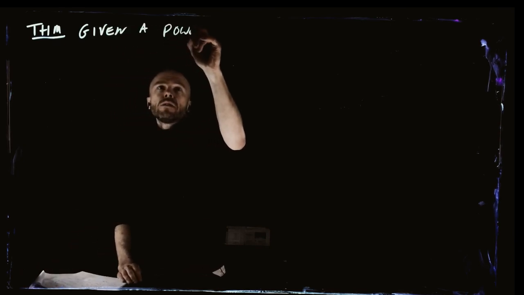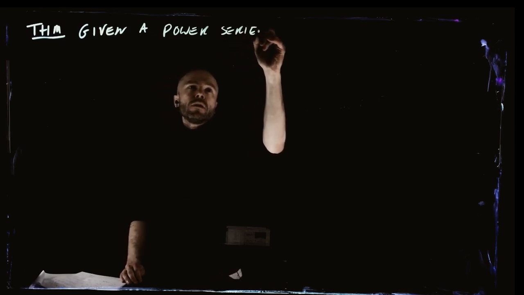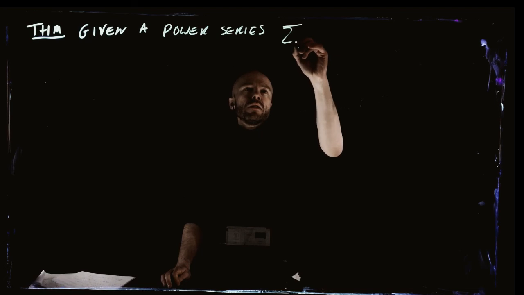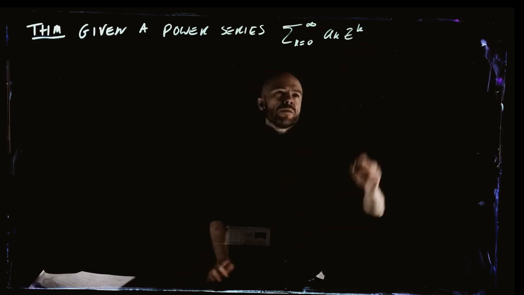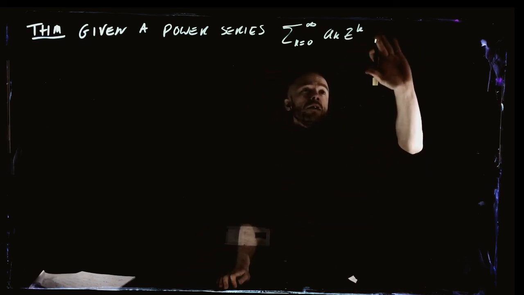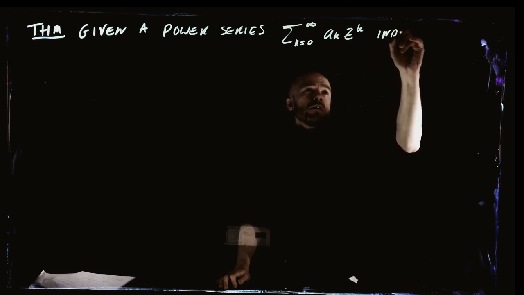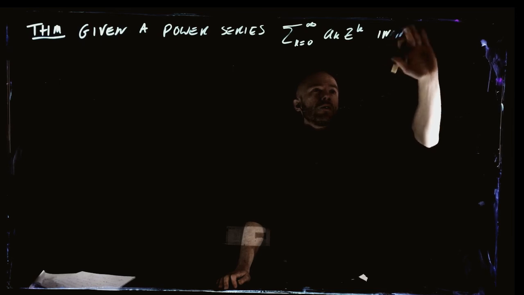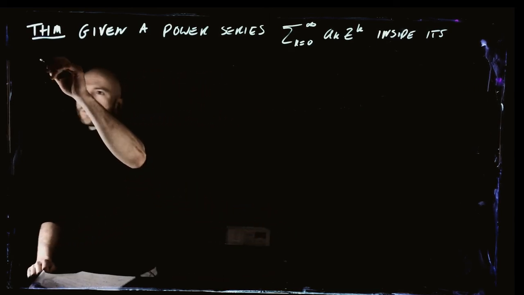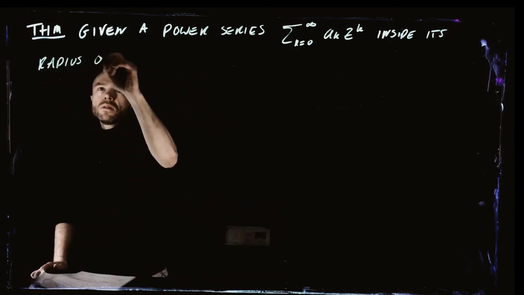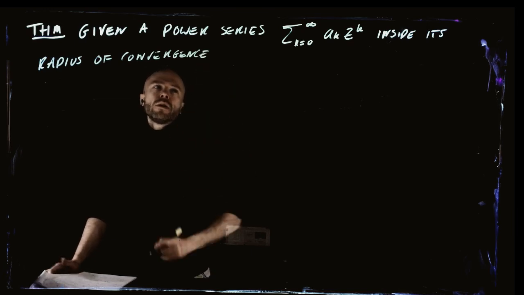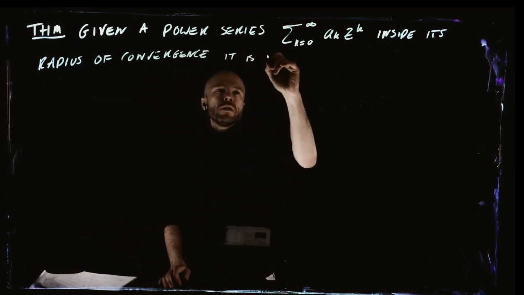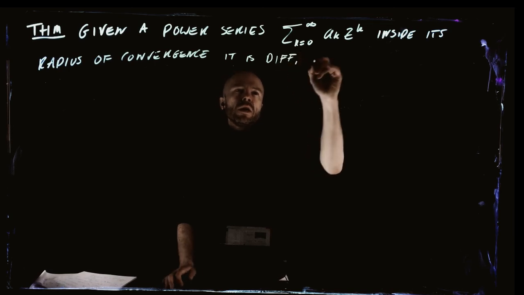Given a power series, which we wrote like this, the sum k equals 0 to infinity a_k z^k, inside its radius of convergence, it is differentiable, i.e. forms a holomorphic function.